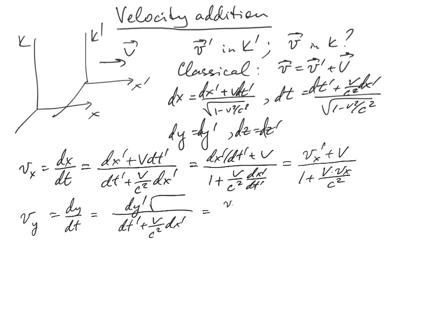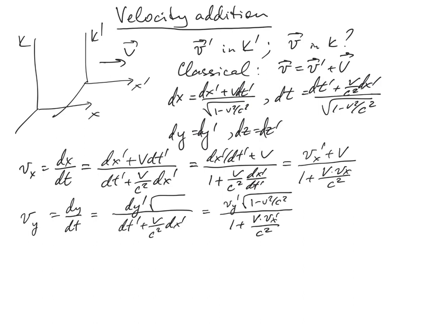So we have vy prime times the square root, and in the denominator, 1 plus vx prime over c squared. And a similar expression for vz. The space-time transformation corresponding to switching from one inertial reference frame to another that's moving with some velocity with respect to the first one is called a Lorentz boost.